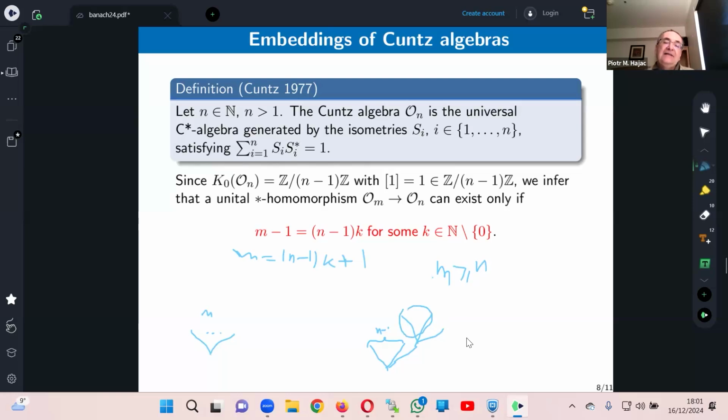Well, and when you do it k times, at the end of the day, you will have exactly n minus 1 times k paths, and you will have this one base path which goes all along, okay? So you see, the regularity condition basically allows you to guess Kawamura's formula, and in a way, it explains it. So by the covariant functoriality, you can immediately get a unital star homomorphism for any congruence relation like this, okay?